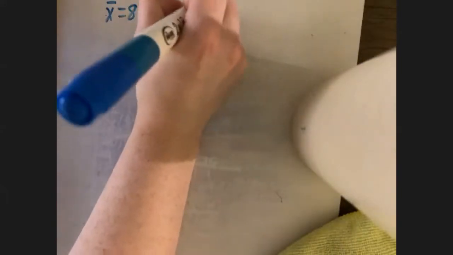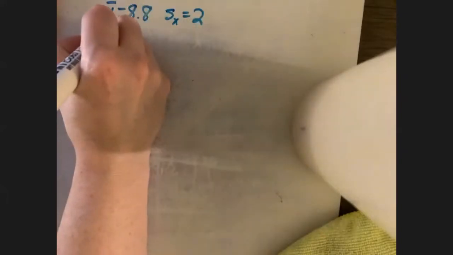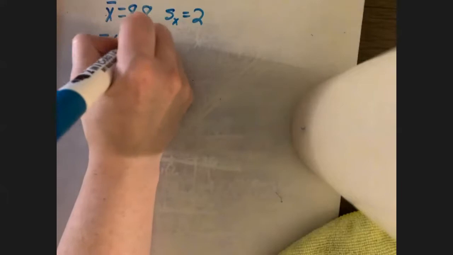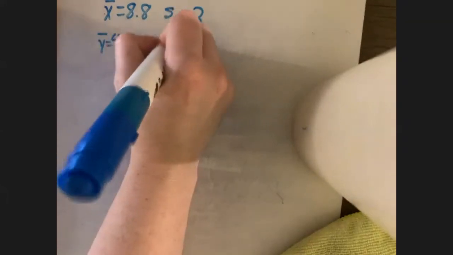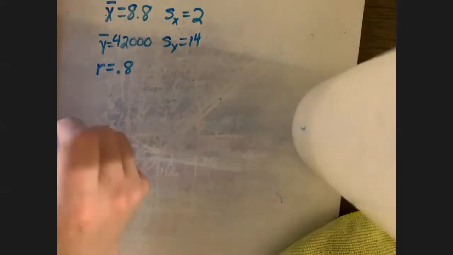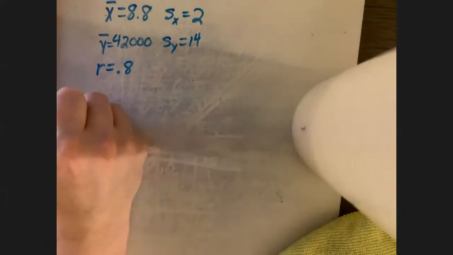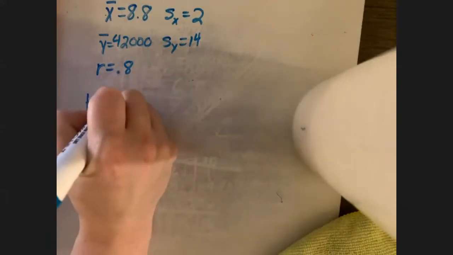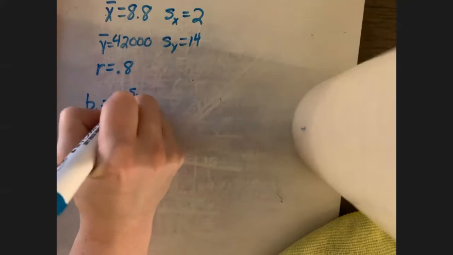If for some reason they gave you stuff like X bar was 8.8 and SX was 2 and Y bar was 42,000 and SY was 14 and R was 0.8, and they asked you to come up with the equations, I gave you all the formulas earlier, but here they are again.